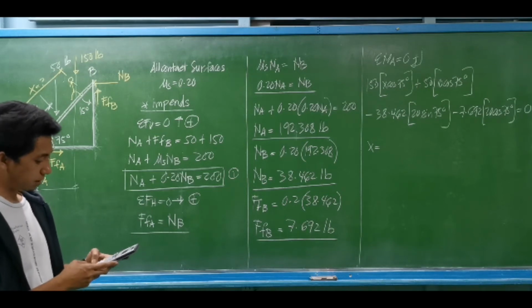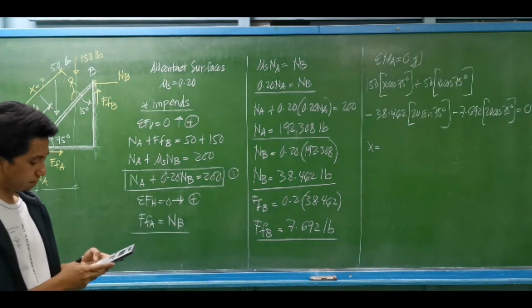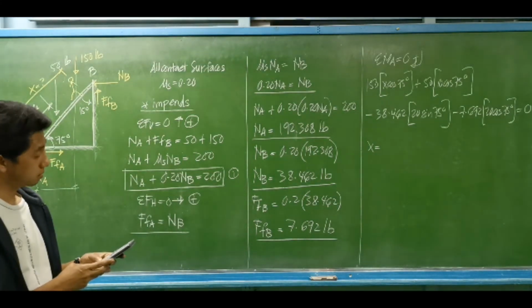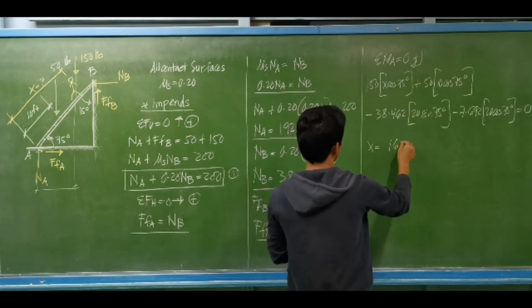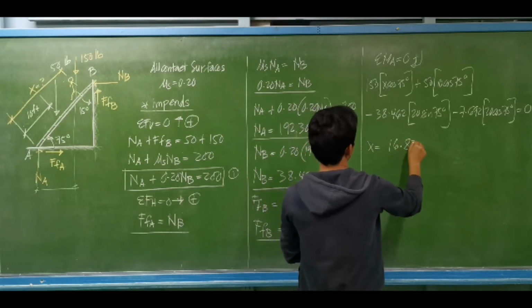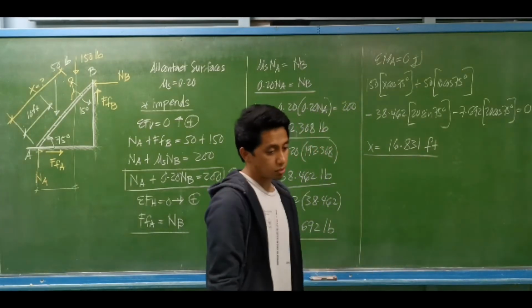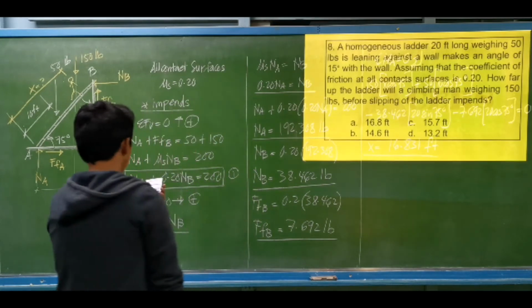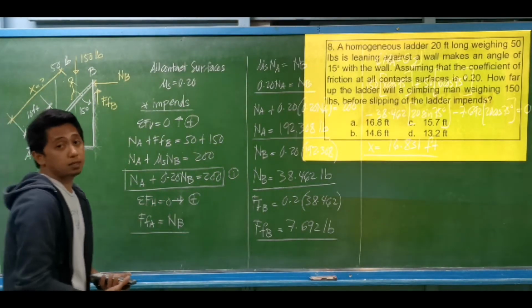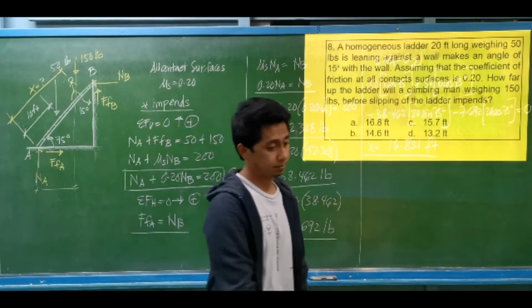This is divided by 150, then divided by cosine of 75 degrees. So we have that value as 16.831 feet. Alright, so let us check on our choices. 16.831 feet. Okay, the nearest value is letter A, 16.8 feet.